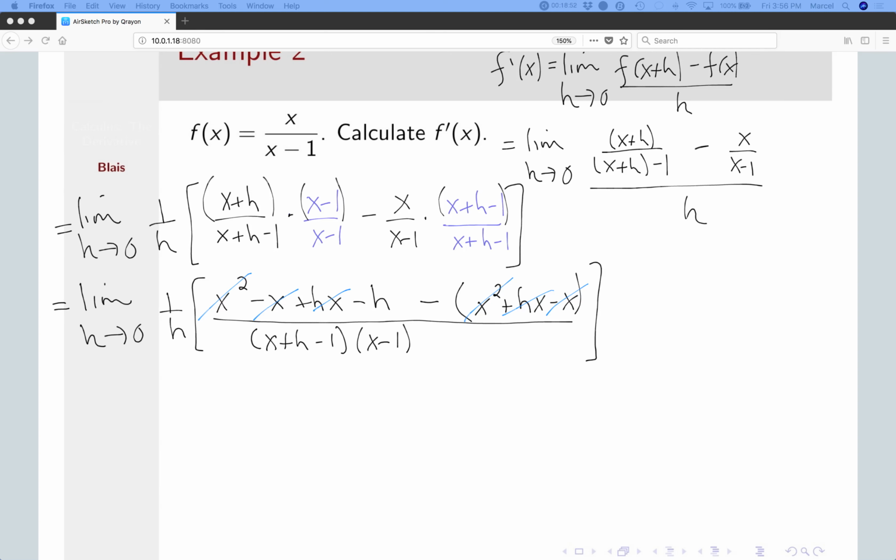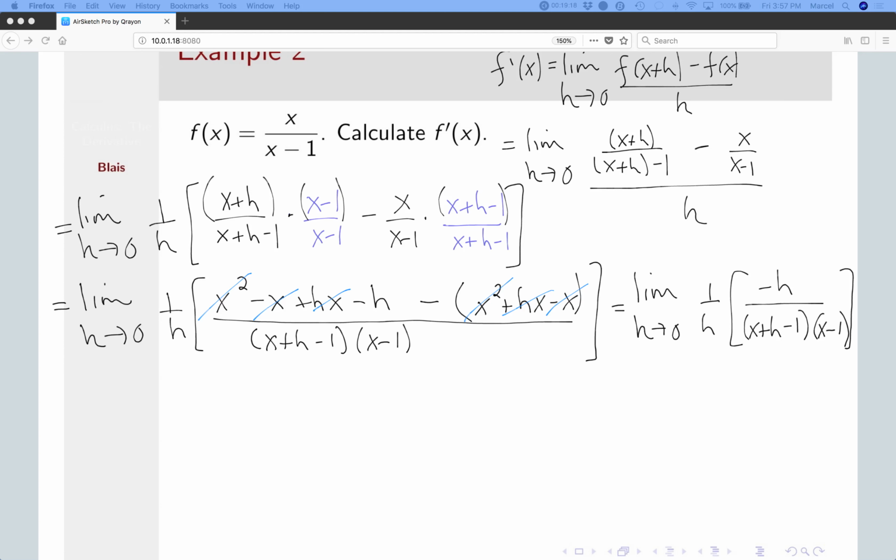And this reduces us to the limit as h goes to 0 of, we still have this 1 over h hanging out front. And in the top, the only term that survived was a minus h. And then we have that same denominator, x plus h minus 1 times x minus 1.